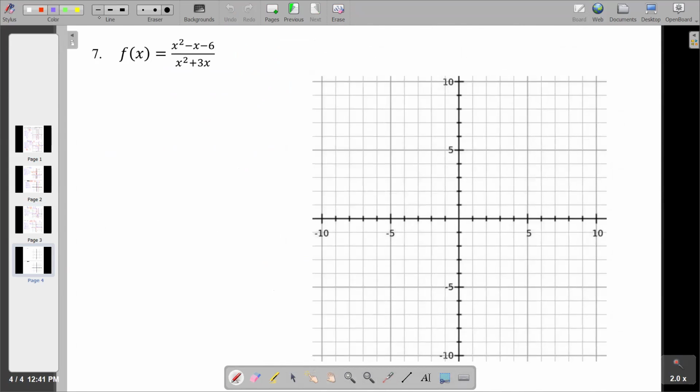Factor. I'm terrible at factoring. Could you help me with the top? What is that? Can't fool me. Nope. Nope. Yep. It's okay.